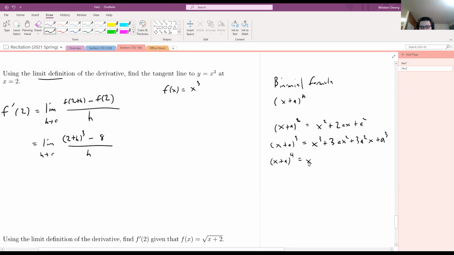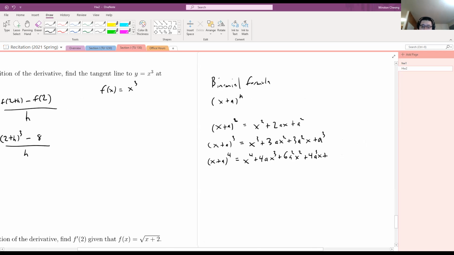Raising to the 4th is x to the 4 plus 4ax cubed plus 6a squared x squared plus 4a cubed x plus, let me go on. Did I do this right? Yep, that's right. Plus a to the 4.